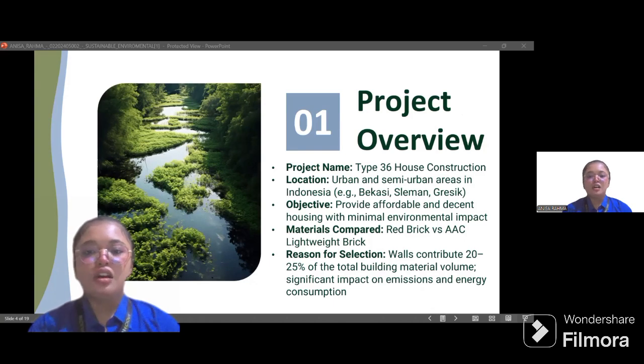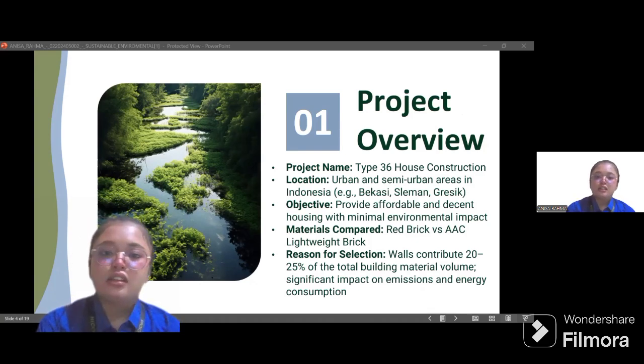These houses are developed by government programs, private developers, and independent community efforts. The project is simulated across urban and semi-urban areas such as Bekasi, Sleman, and Gresik. These locations were selected to present diverse geographic and market characteristics.